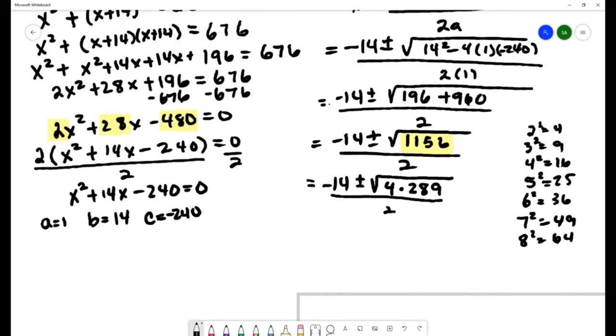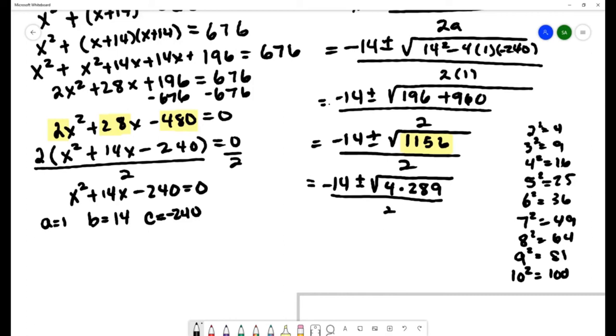Let's try 81. Nope. Let's see. 10 squared would be 100. All right, I don't think I have any more perfect square factors that can go into that.